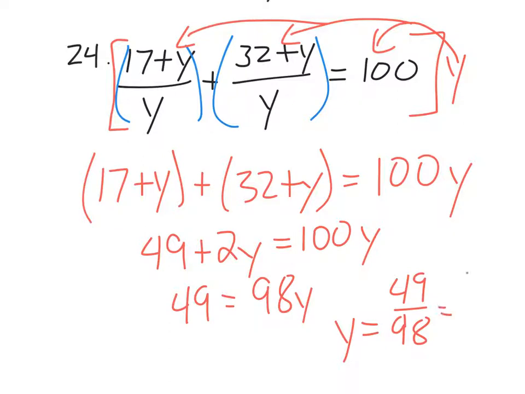So I think this goes down to 7 over, 7 goes into there 14 times. Oh, so it's 1/2. Is that okay? So I'm going to use that again here on number 30. Any questions on that one?